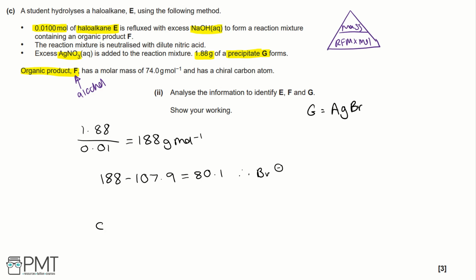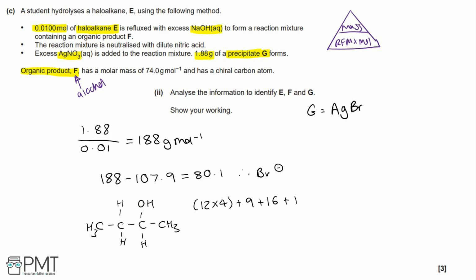So we're going to have CH3 connected to a carbon, carbon, CH3. We're going to have 2 hydrogens here, and then a hydrogen here with an OH. Because this has the relative formula mass, if we do 12 times 4, so that's the carbons, plus 9 plus 16 plus 1.